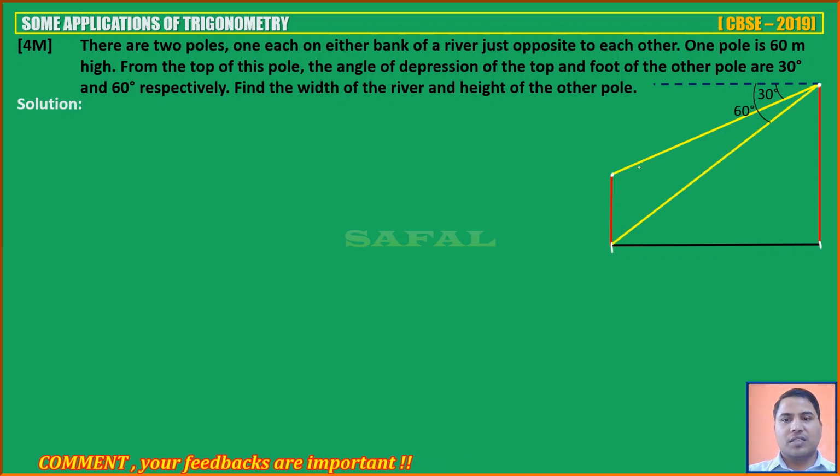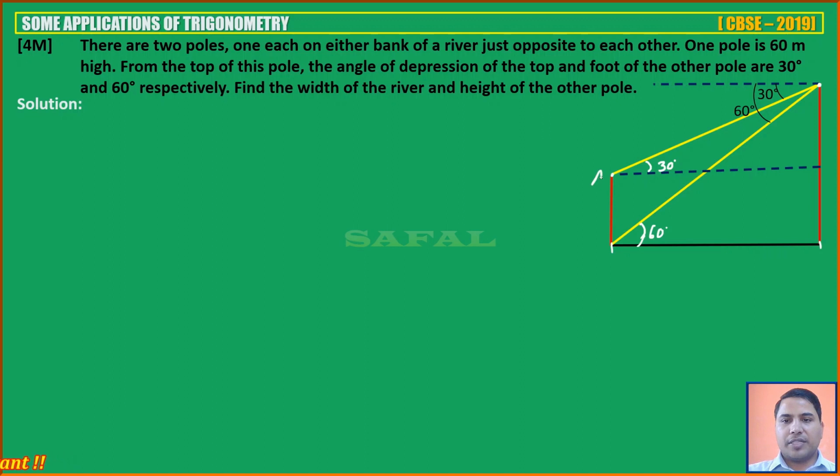So angle of depression of the top is 30 degrees and the bottom is 60 degrees. From this point I can draw one horizontal line. By alternate interior angles, this will become 30 degrees and this will become 60 degrees. Now what are they asking? The width of the river and the height of the pole.